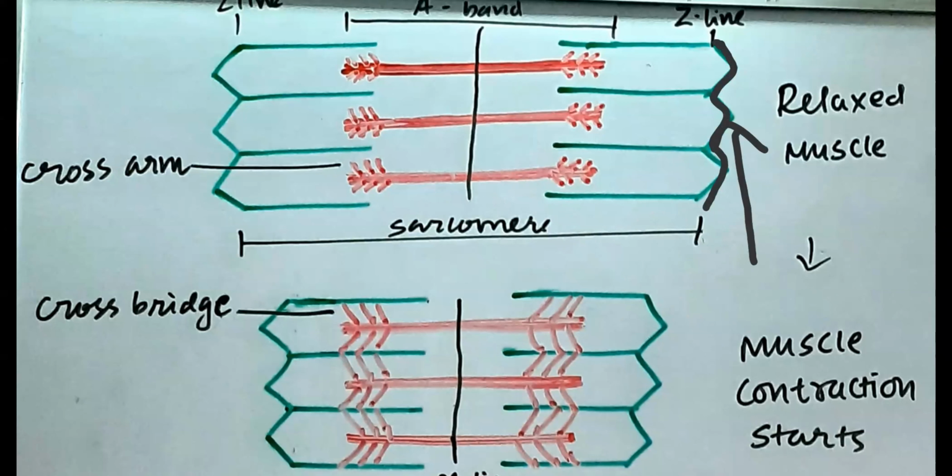Z line. Excellent. ये लाइन कौन सा है? Z line, also known as Krause's membrane. अच्छा, ये वाला लाइन कौन सा है? M line is a correct answer.